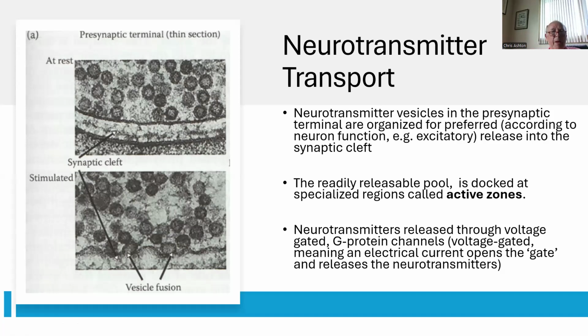And so, again, building on what I spoke to two slides ago, we have an illustration of a presynaptic terminal at rest, which is at the top left, showing vesicles just floating around the presynaptic terminal.